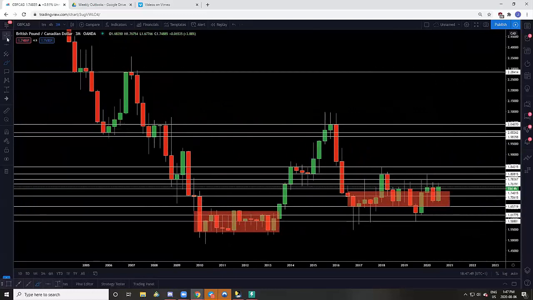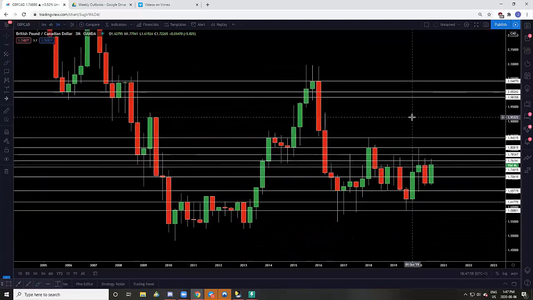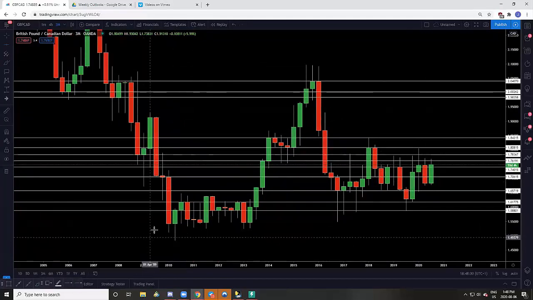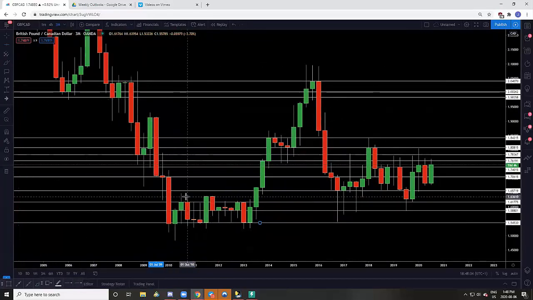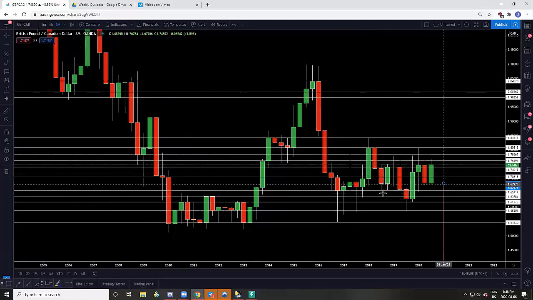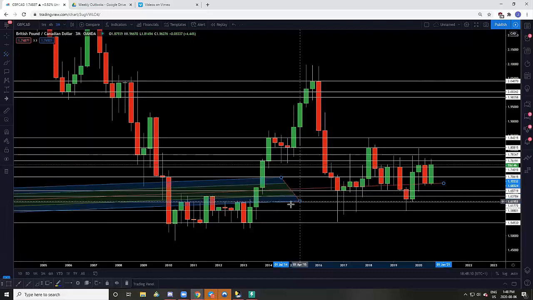But I'm going to continue to map out some levels using these 3-month candle body conjunctions. And of course, for long-term sells, we would really need to come below 1.65720. I'm just going to map out levels.